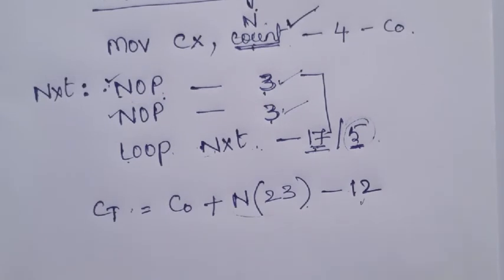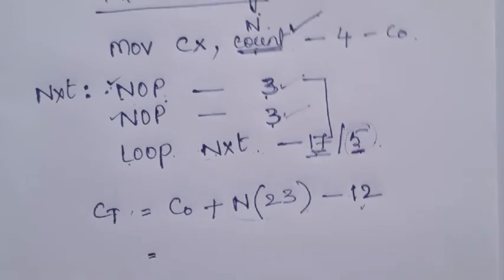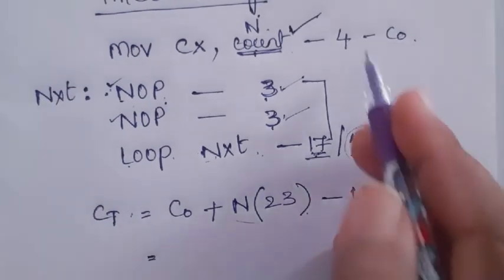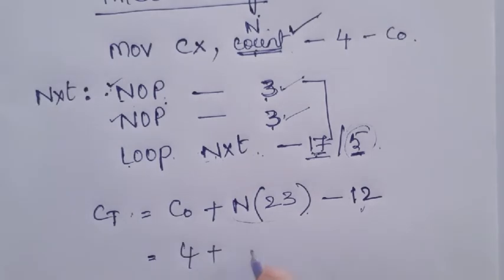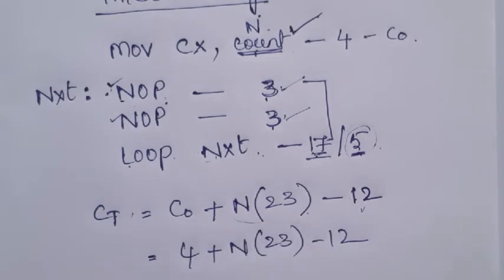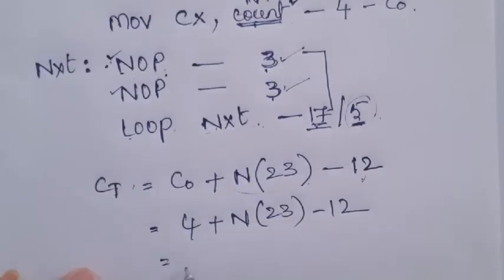So here, C naught is 4 plus n into 23 minus 12. So this becomes n into 23 minus 8.